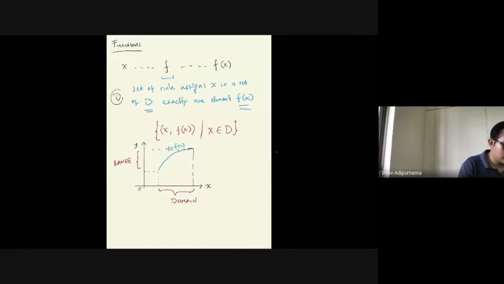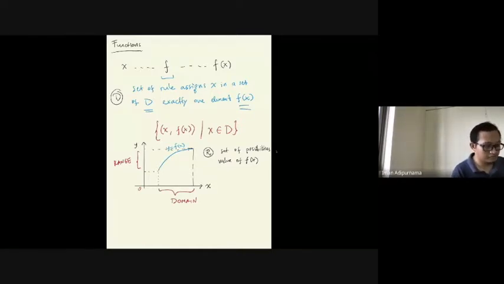So the first one is the domain. The range is the set of possible values of fx. So the range depends on the domain.